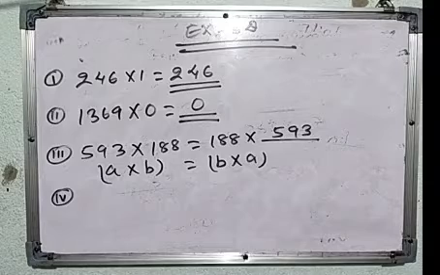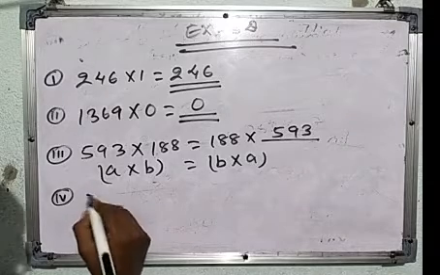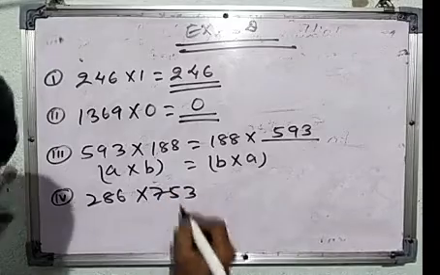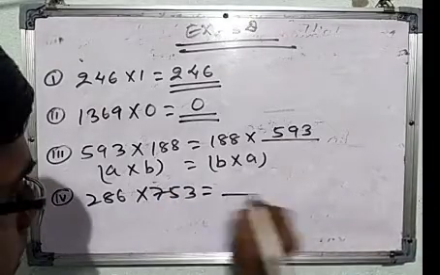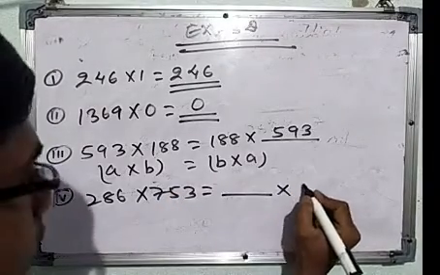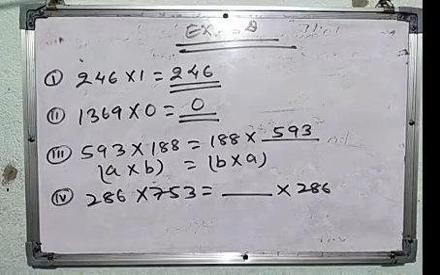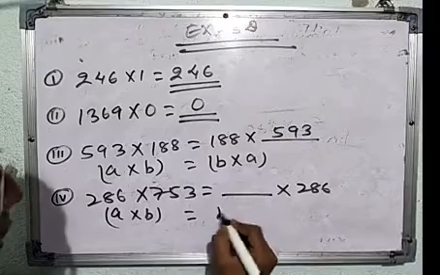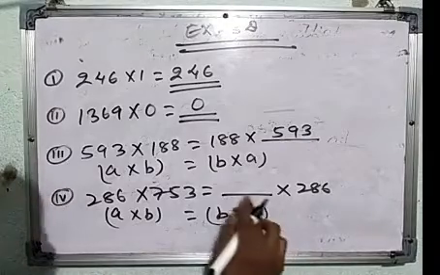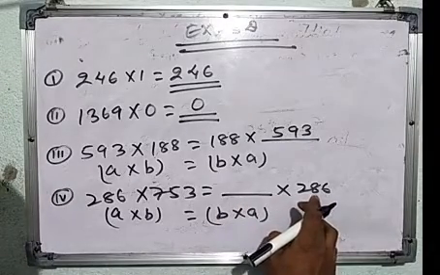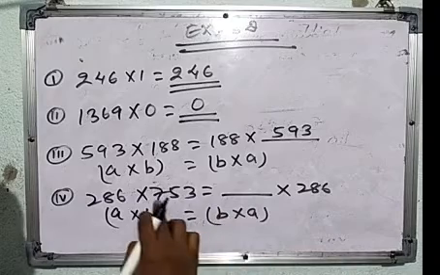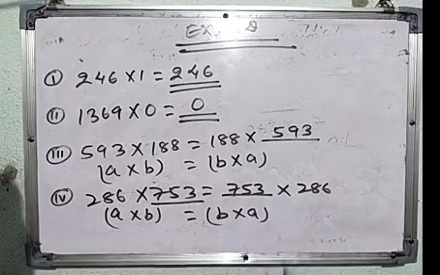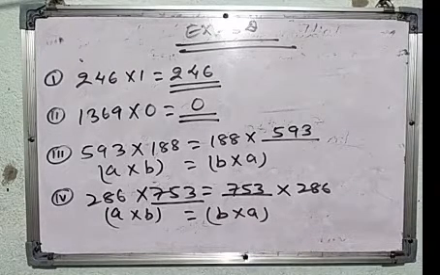Comes question 4, 286 into 753 equal to blank into 286. In commutative law you learned A into B equal to always B into A. So here you see the value of A equal to 286, so you write the value of B, 753.